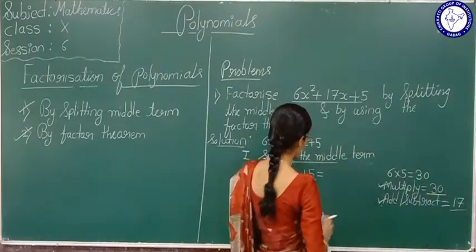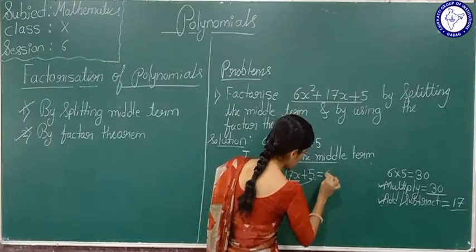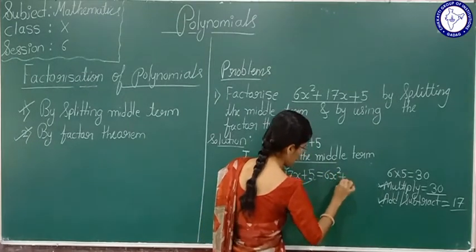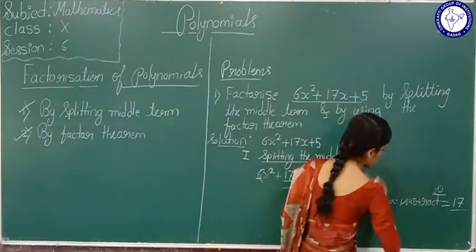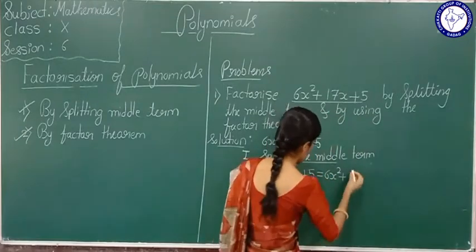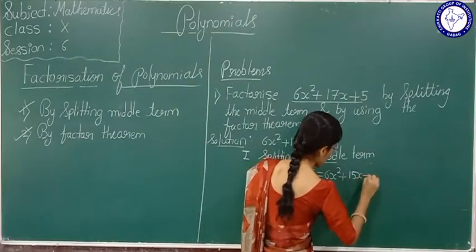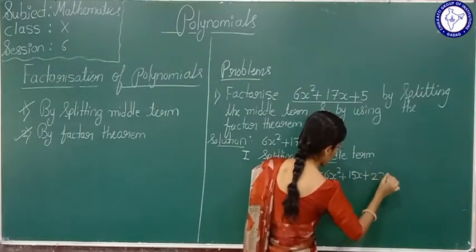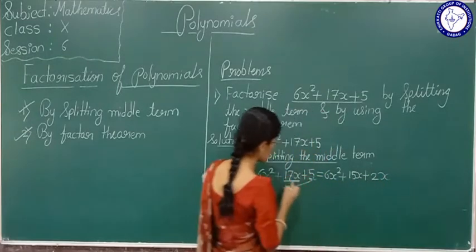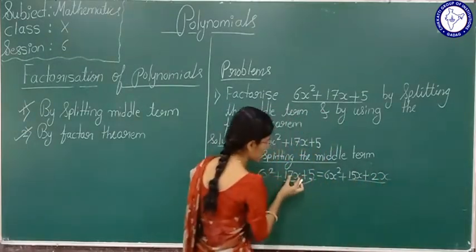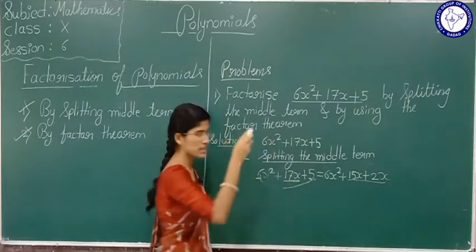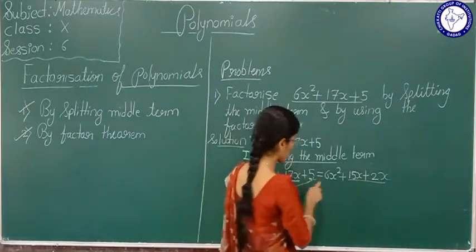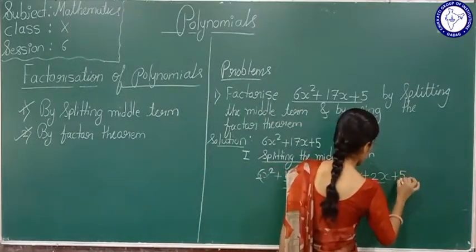Now see how we write it. 6x square plus 15x plus 2x, since 15 plus 2 is 17x. We split the middle term, no? That's why it is called splitting the middle term. Now write the last term as it is, plus 5.